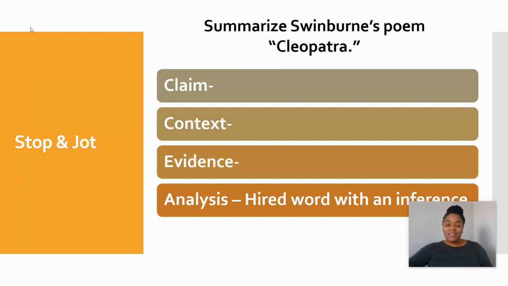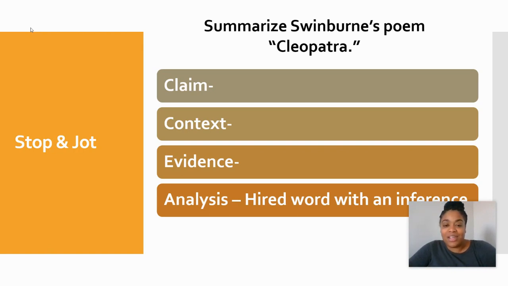All right, so now that you've identified which stanzas you're going to use, let's look to see what's next. What do we need to do next? Yes, we need to write our analysis. Now, scholars, this is the point where our ACE paragraph starts to go choo, choo, choo, downhill. Let's make sure when we write our analysis, we're using a higher word and we're making an inference. For example, this reveals, this highlights, right?